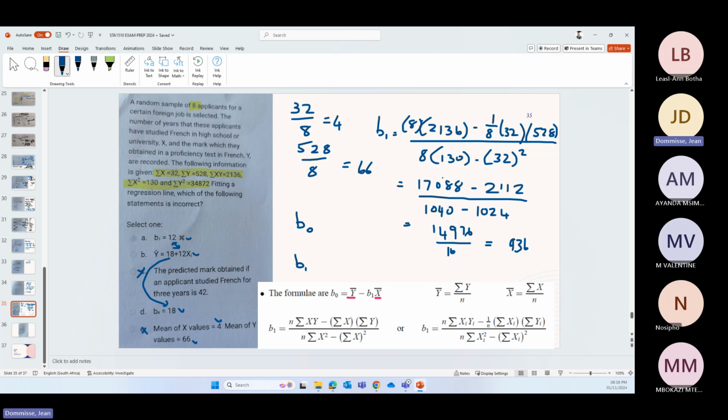So 8 times 130 is 1040. And xi, that's the same. Xi is 132 times 32. So that is also right. Okay, so this is right.